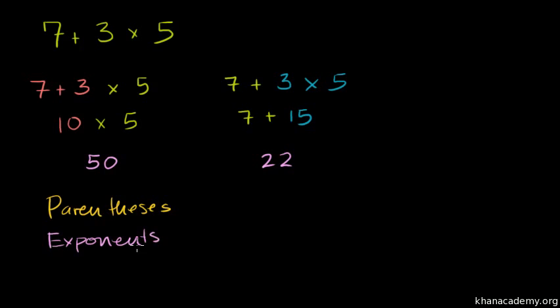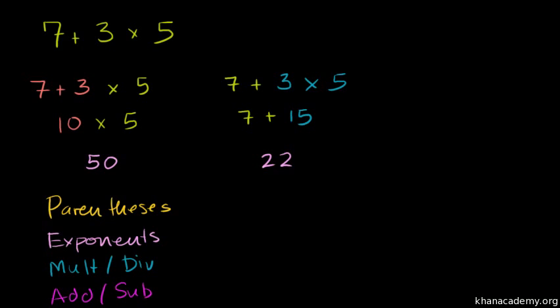And in this video, we're not going to have any exponents in our examples, so you don't really have to worry about them for this video. Then you do multiplication and division next. They kind of have the same level of priority. And then finally, you do addition and subtraction.